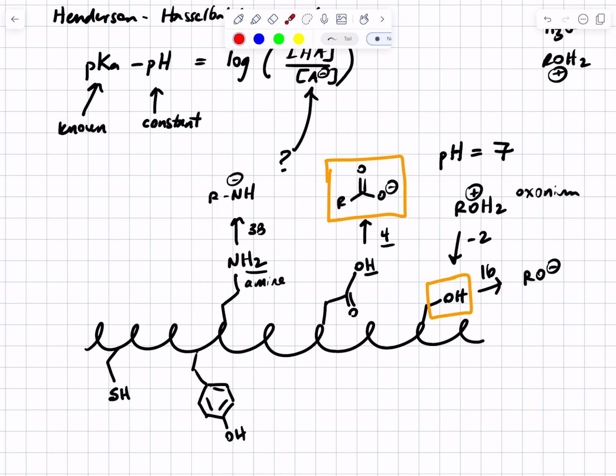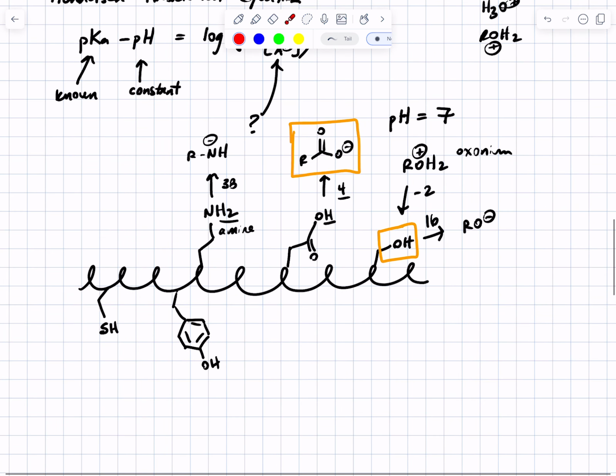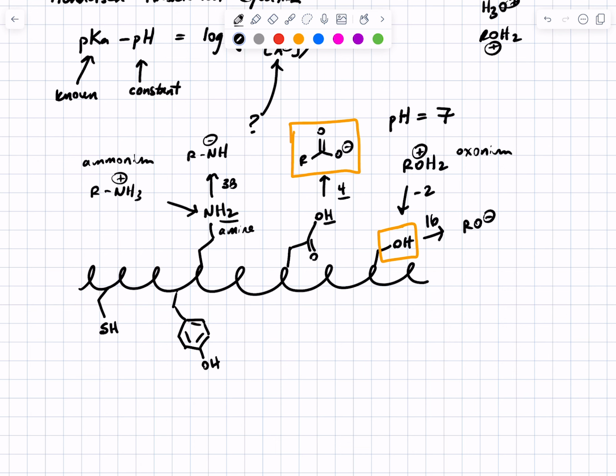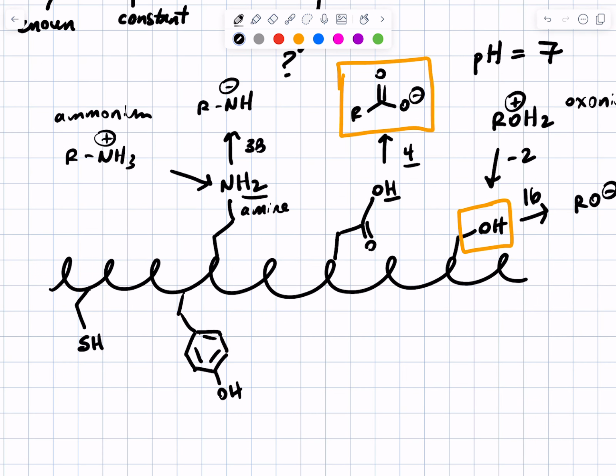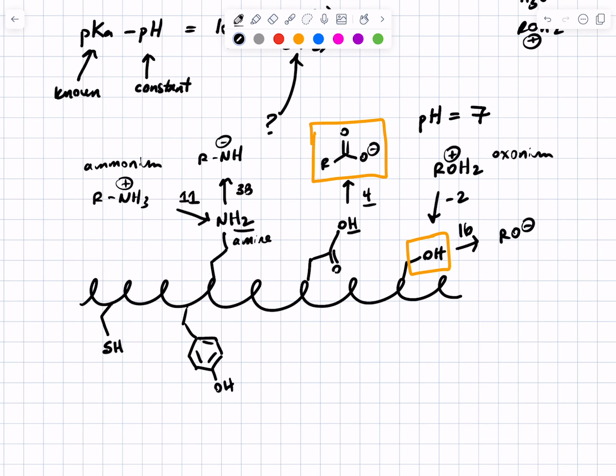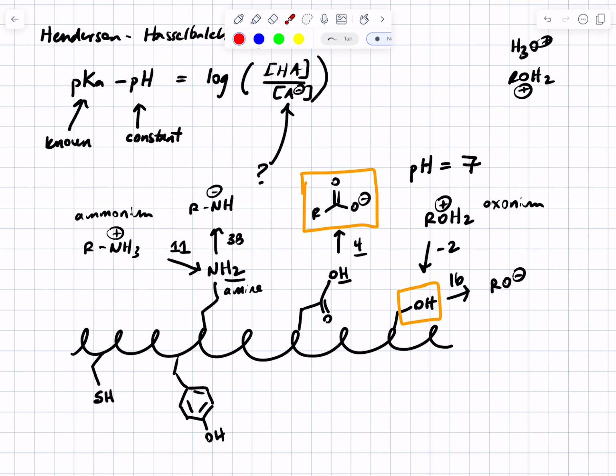It's no contest. But if you forgot that the amine also has a positively charged conjugate acid called the ammonium ion, you're going to see that that does have consequences. The positively charged ammonium ion has a pKa of 11. Again, do the math. 11 is greater than 7.